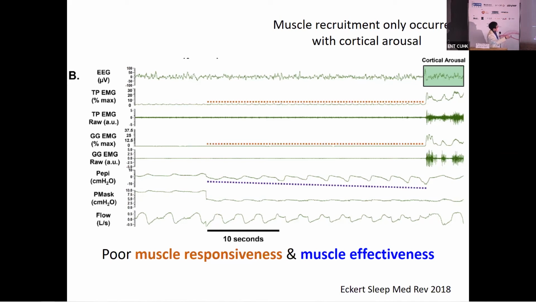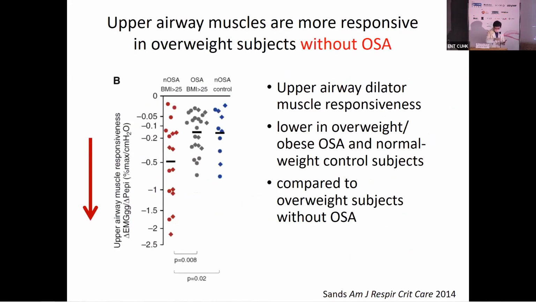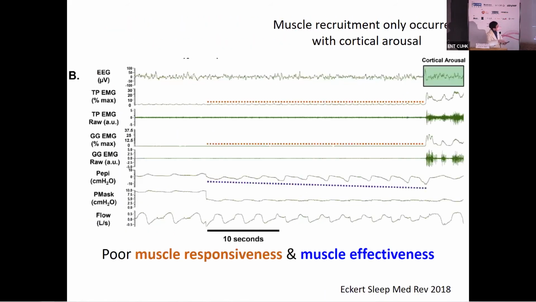You can see that the therapeutic pressure here is about 10. When you drop to 0, there is no response in the tensor palatini or the genioglossus, and it only becomes activated when there's a cortical arousal. So in this patient, being awake will restore the airway patency.